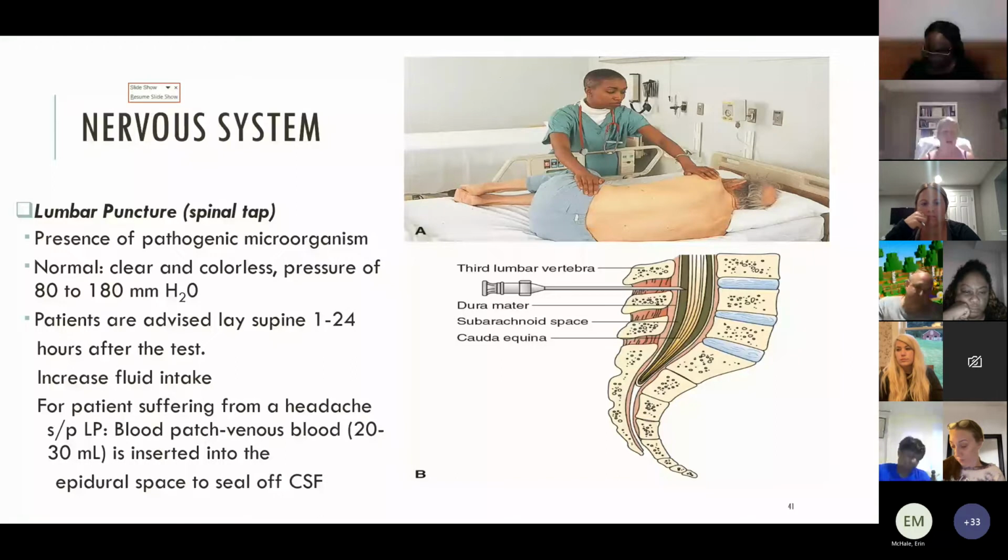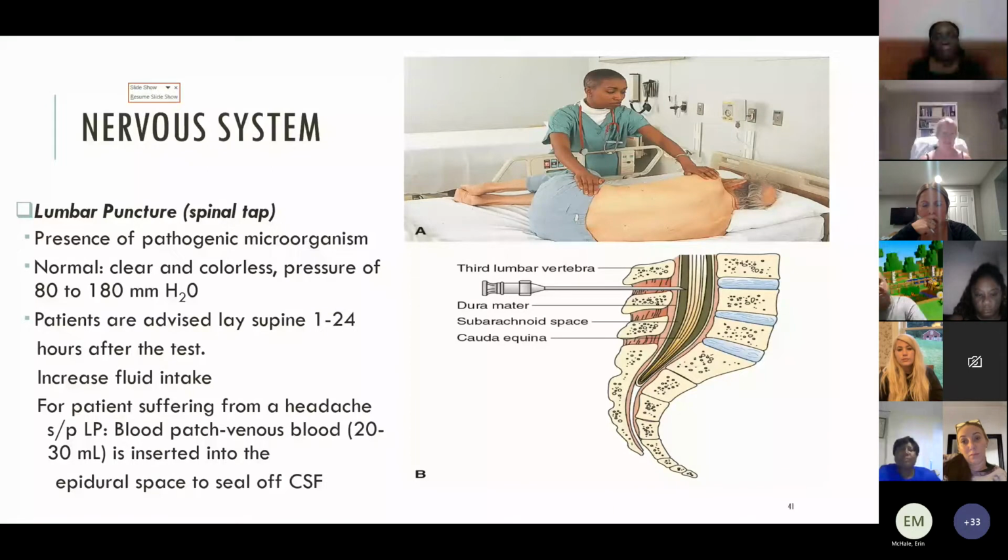We go in basically into the subarachnoid space in the spine, and we can measure the cerebral spinal fluid. If we're losing CSF, it can tell us if we have too much or not enough. It also looks at different pathogenic microorganisms.